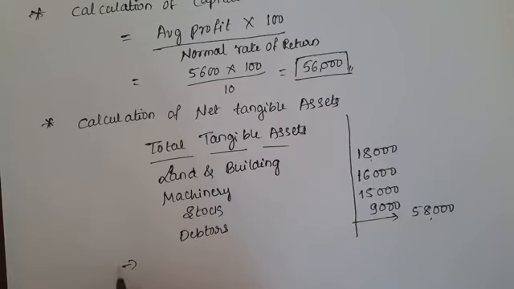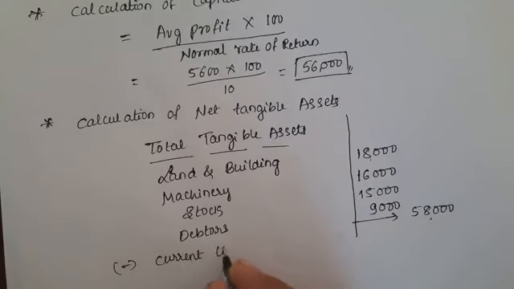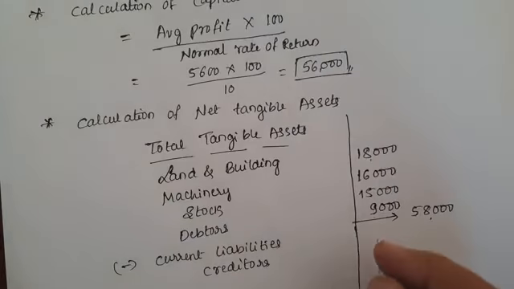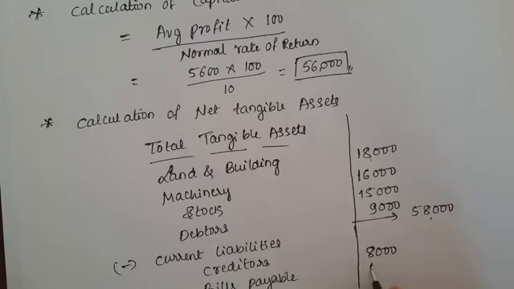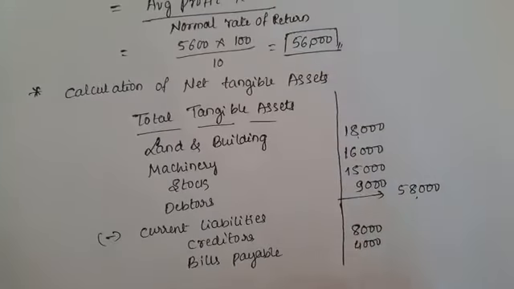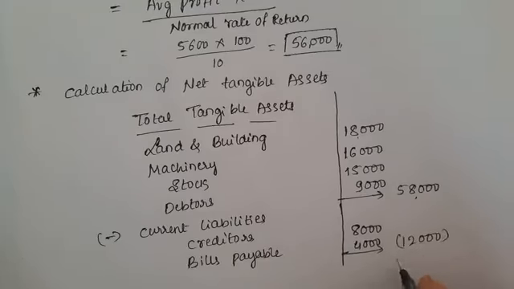Next, less current liabilities: creditors 8,000, bills payable 4,000, total 12,000.